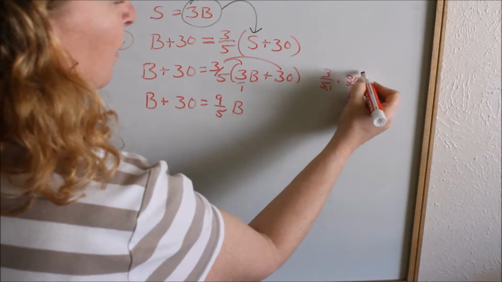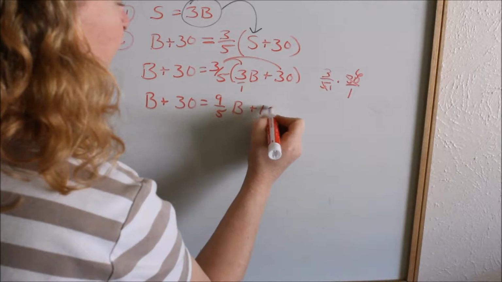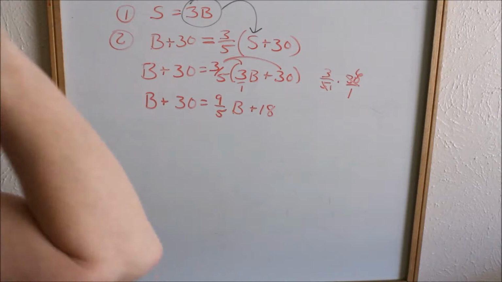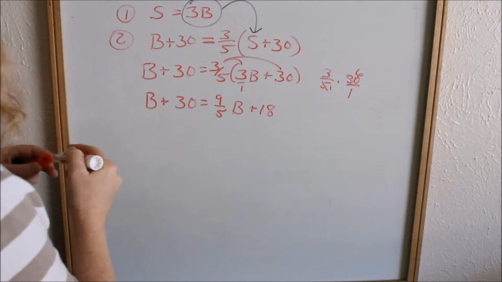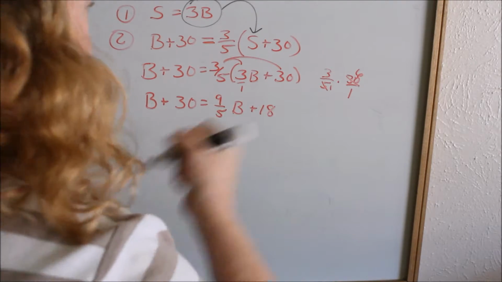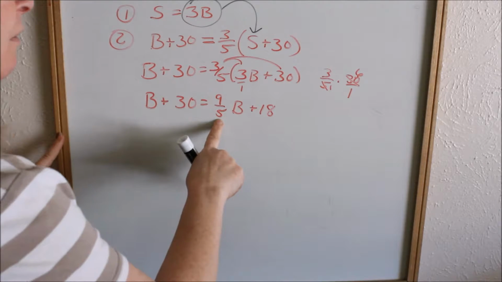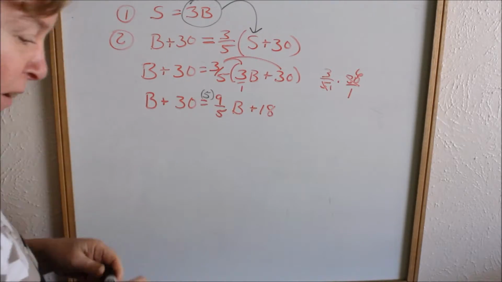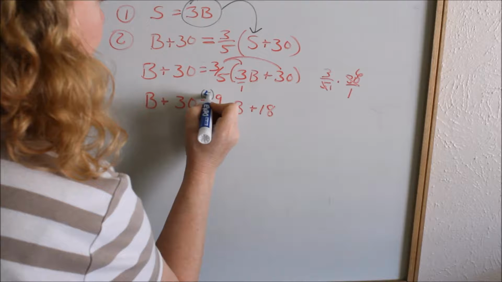That cancels, that becomes a 6, and so that becomes 18. So there, 3/5 times 30/1 becomes 18. So now, do you want to work with fractions? There's a fraction. If you don't want to work with fractions, get rid of fractions. What do I multiply this by to get rid of my fraction? 5. If I'm going to multiply that by 5, I need to multiply everything by 5.